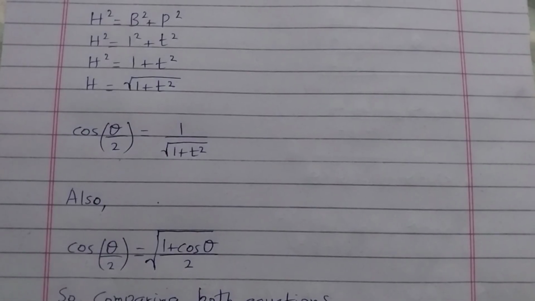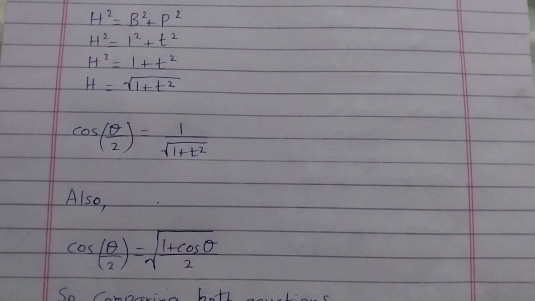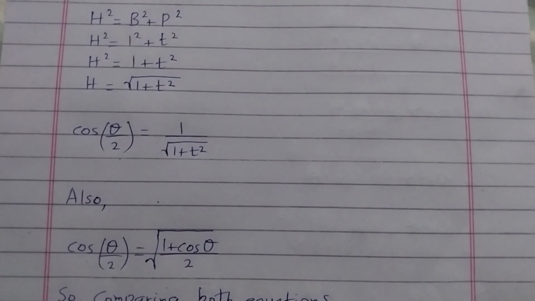Basically we have half angle on the left hand side, and on the right hand side of the formula we have double angle of that angle. So if we have theta by 2 on the left hand side, we'll have theta on the right hand side. If we have theta on the left hand side, we'll have 2 theta on the right hand side.